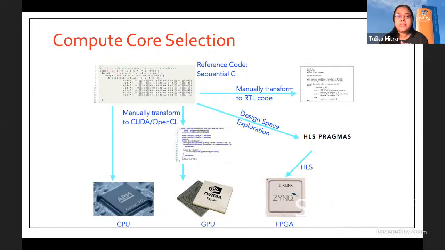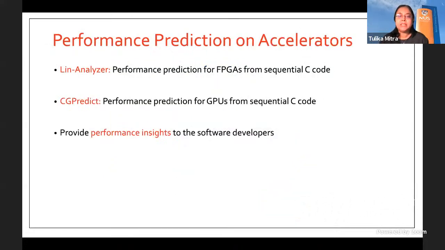So the bottom line is that given a sequential piece of code, be it C, C++, or Python, it's extremely challenging for us to figure out what exactly the performance is going to be on the different systems and choose it, right? So what we want to do is minimize that effort and give you a hint about the performance of the different accelerators, so that you can just choose it without going through the burden of transforming the code, then compiling it, then getting the performance and optimizing it.